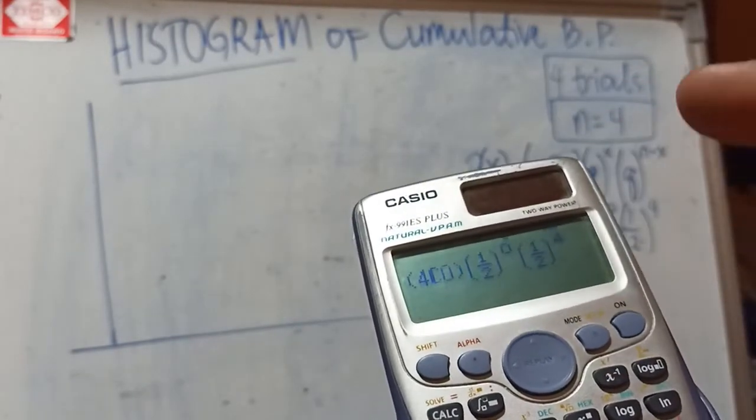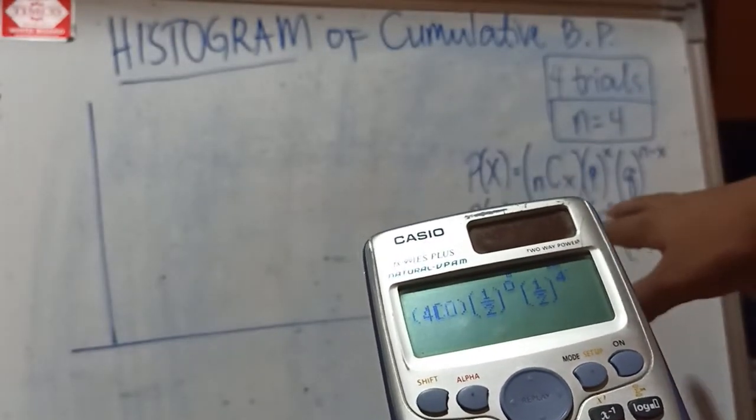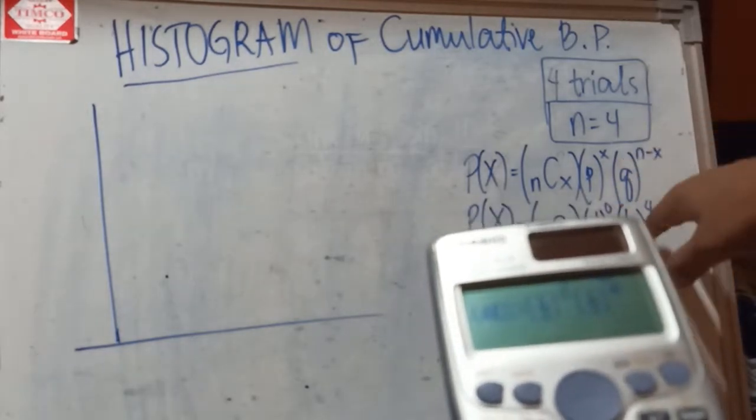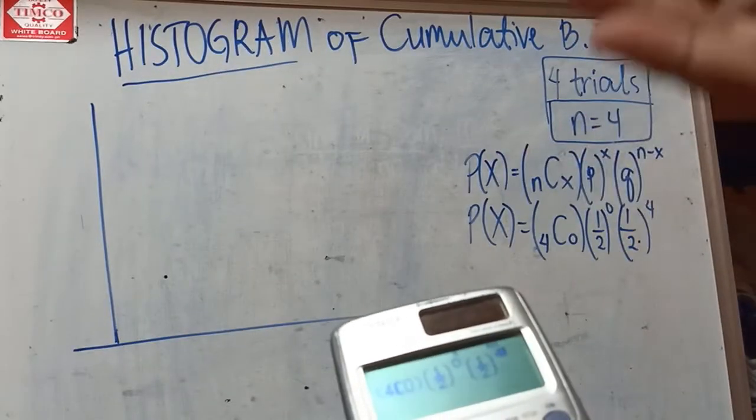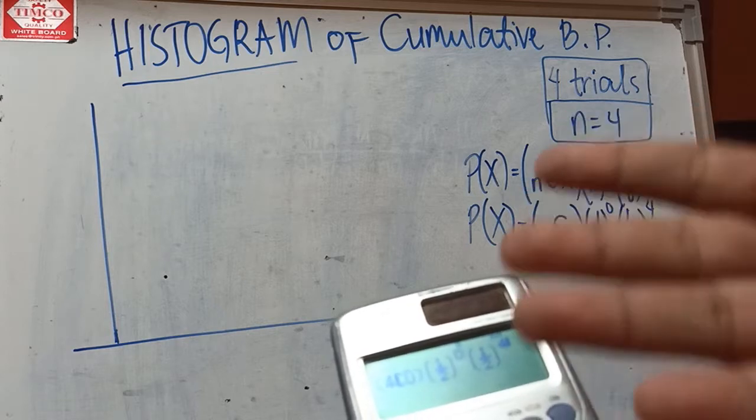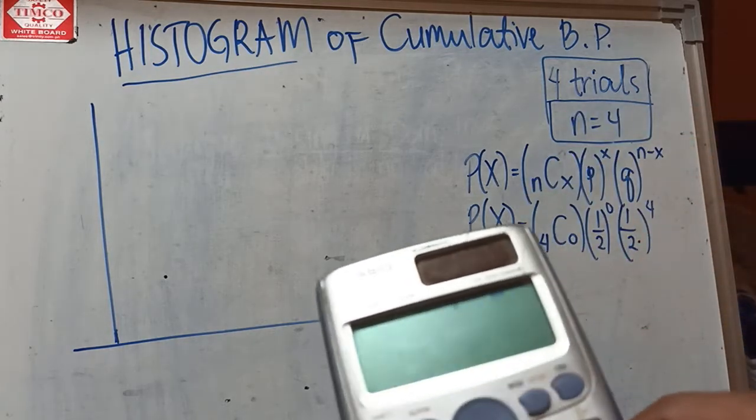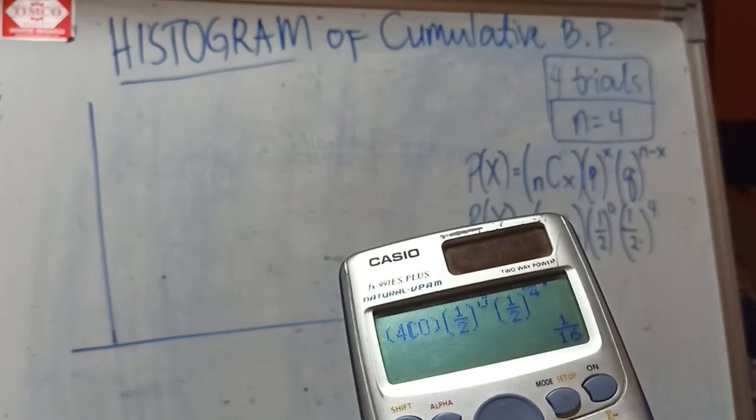So that is for 0. But since we have 0, we have 1, 2, 3, and 4, so we have 5 bars. Here, the answer is 1/16.